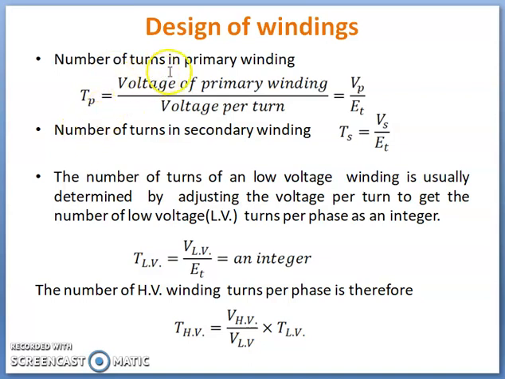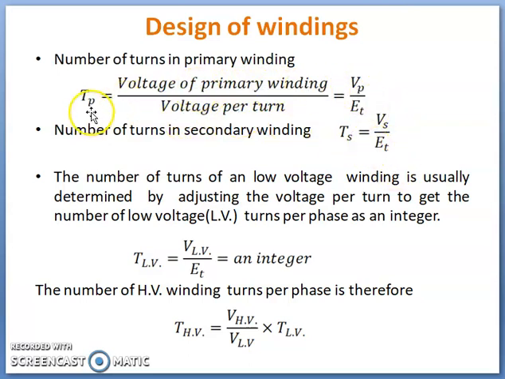Okay, the number of turns in primary winding TP is given as voltage of primary winding divided by voltage per turn. Number of turns of primary winding are determined based on voltage rating of primary winding as well as permissible voltage per turn. Okay, TP equal to VP by ET. The number of turns in secondary winding are calculated similarly, that is TS equal to VS, the voltage of secondary winding, divided by voltage per turn.